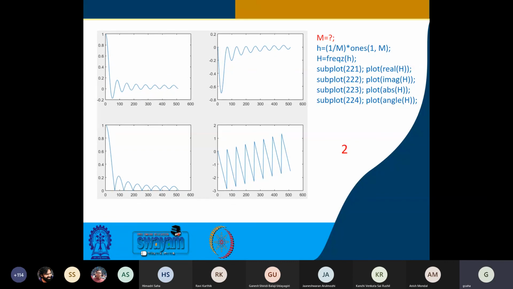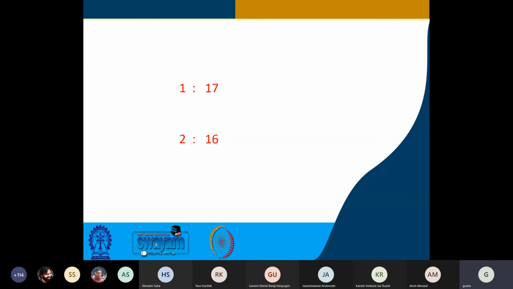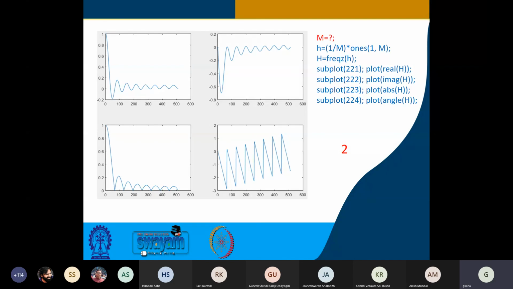Stop here only. 17 and 16, you have got it correctly. If you have the frequency response, you know the system. If you know the system, you know the frequency response.